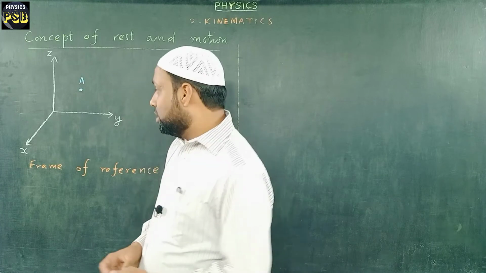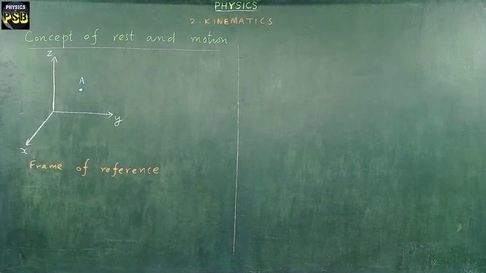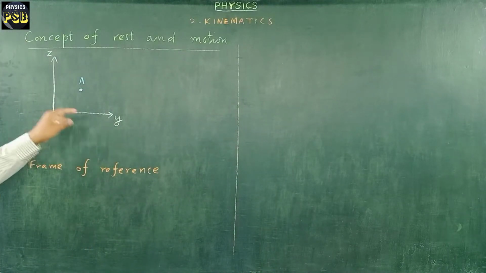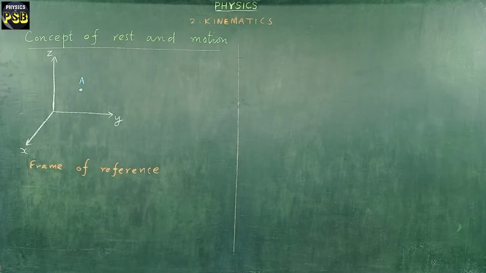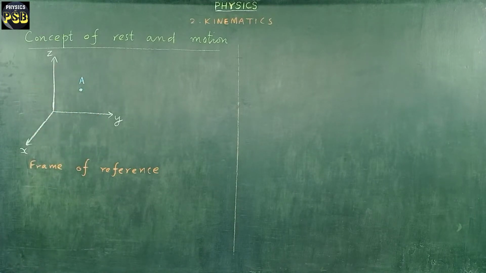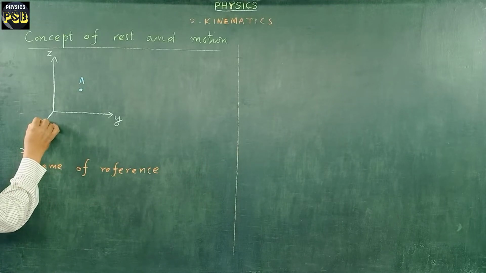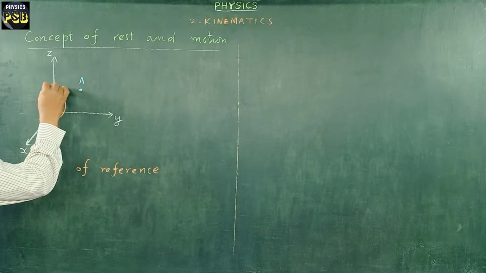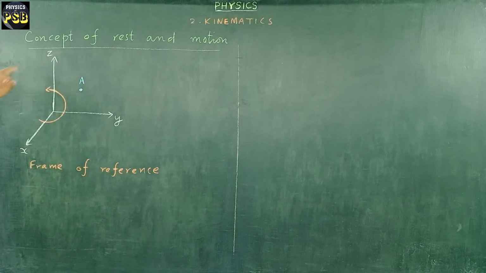Okay. In physics, conventionally we use this kind of coordinate system. Now, if you look at this carefully, you may find that here the three axes, x, y, and z axes, are arranged in anti-clockwise direction. You can see they are arranged in anti-clockwise direction.